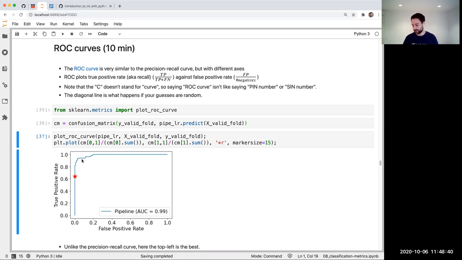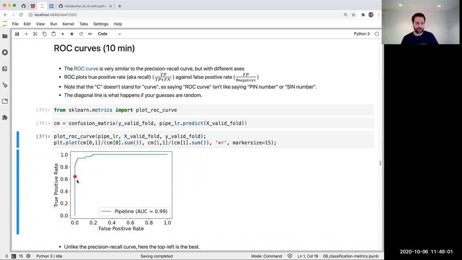You're lowering the threshold, you're predicting more frauds, therefore you're finding more frauds. But now on this axis, instead of precision, you have, well, of all the ones that were not fraud, how many did you incorrectly say were fraud? That's the false positive rate or the false alarm rate.